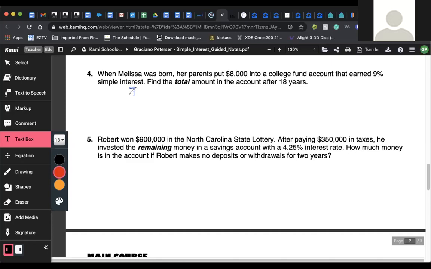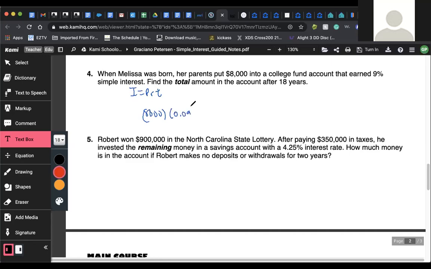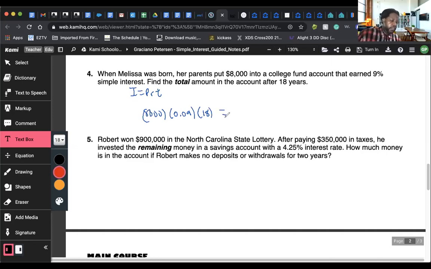You have to find out what the interest is. So you take the 8,000 times 0.09, which would be the rate, and then you take times 18, which would be the time. Okay, great.